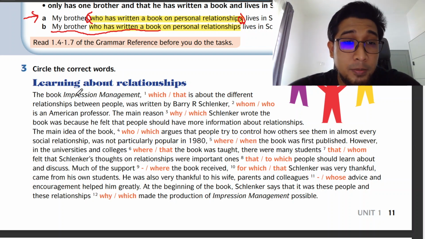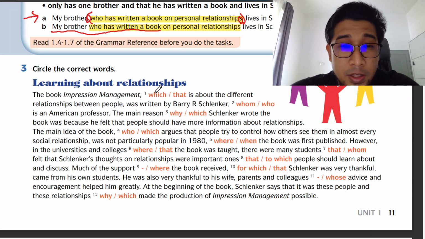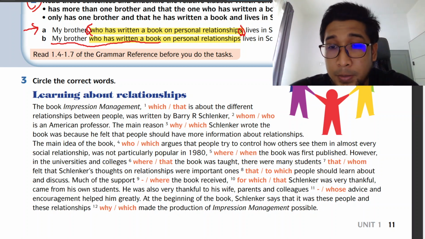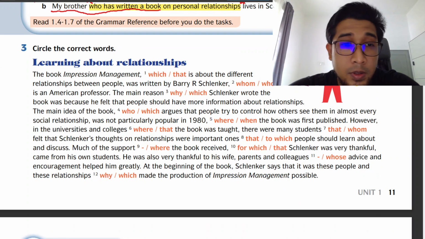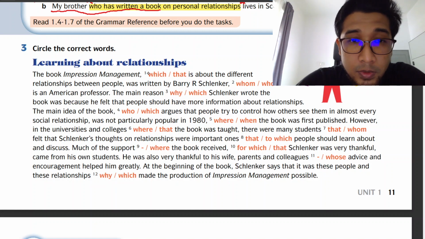The book Impression Management, which is about the different relationship between people. The answer is which. Okay, so kenapa kita kena gunakan which?